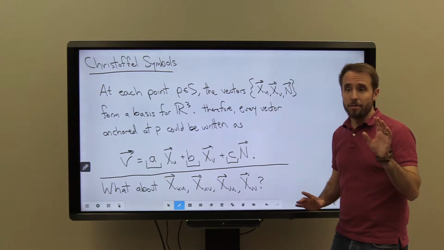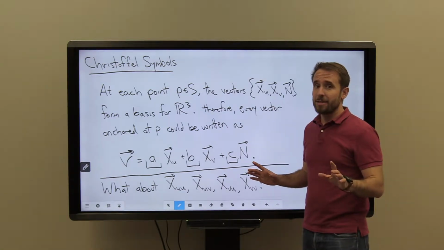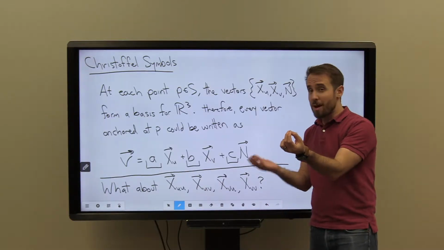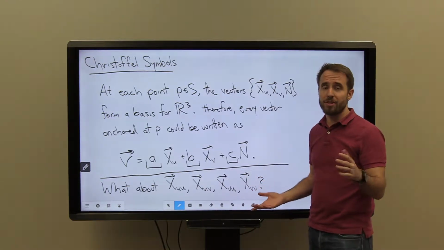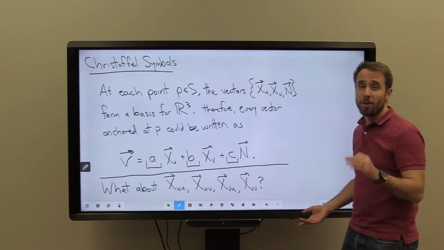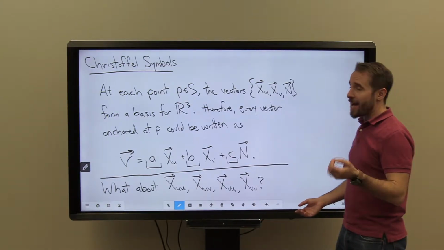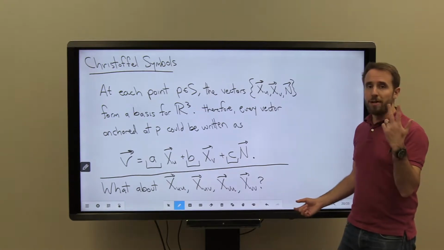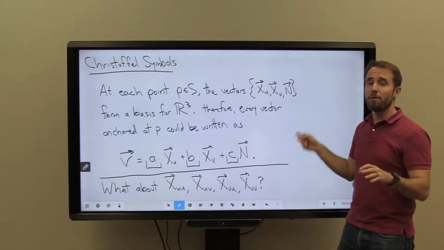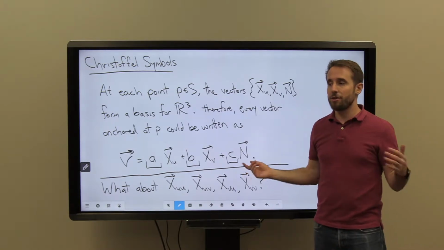So, first of all, let's suppose we have a surface S, and I'm looking at a given point on that surface. Let's assume this is a parametrized surface, so I have a parameterization, a capital X of u comma v. Well, we know that as long as the surface is regular at the point P, the three vectors x of u, x of v, and n will form a basis of three-dimensional space, right?